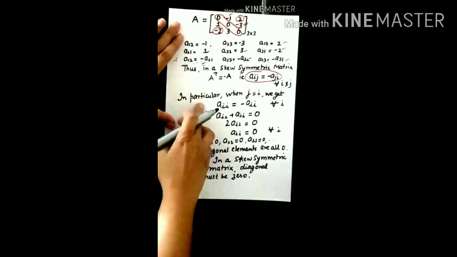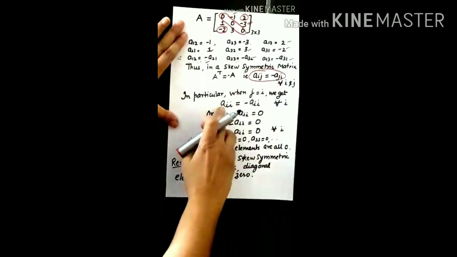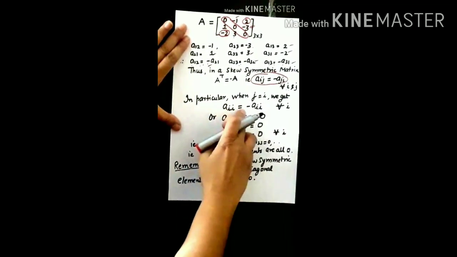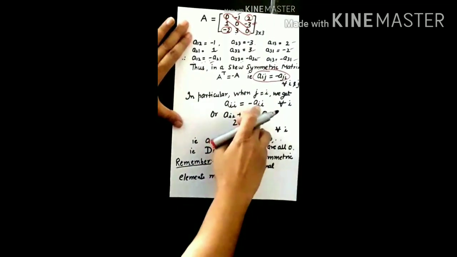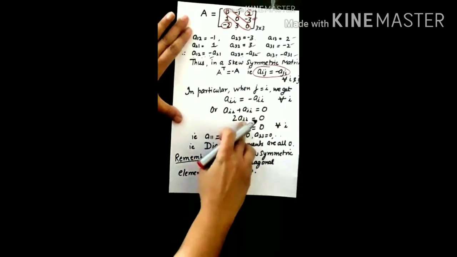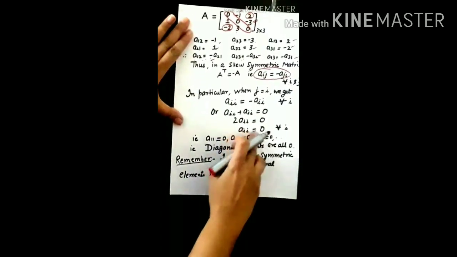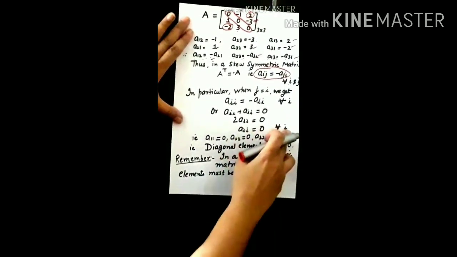Now in particular, when j is equal to i, we will get Aii is equal to negative of Aii, which will give you twice of Aii is 0. That means Aii is 0 for all i.